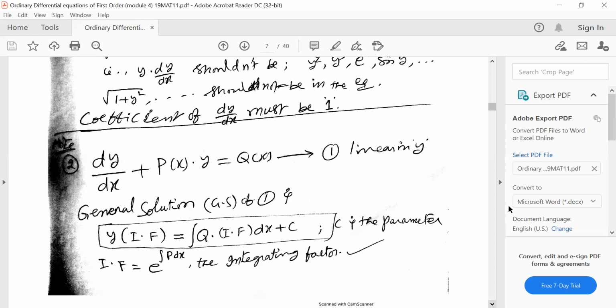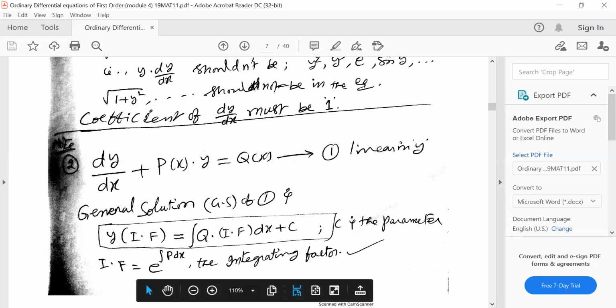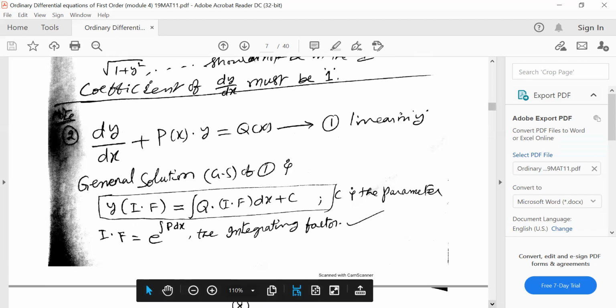So it is y into integrating factor is equal to integral of q into IF dx plus c. Here what we have done is multiplied the integrating factor to the given DE and integrated, but all the procedure is not shown to you. It is just the final format given to you. So just remember this for the problems.